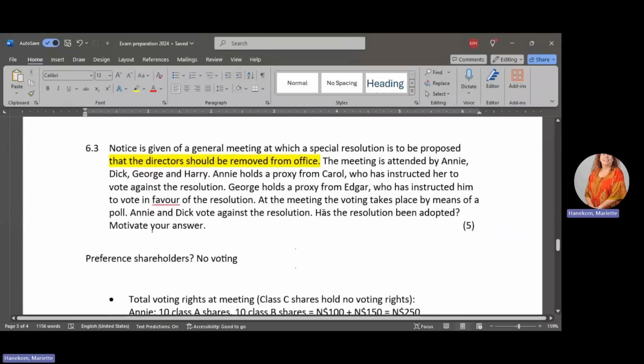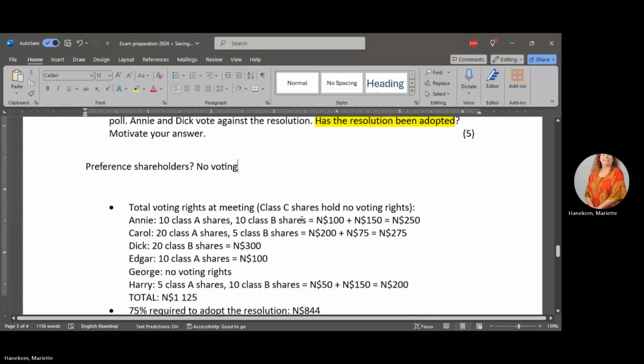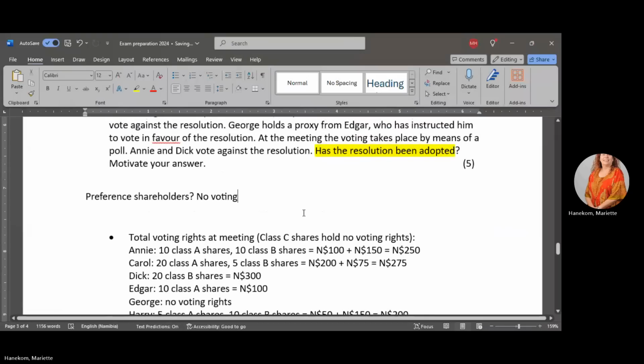Okay, so now you need to decide, has the resolution been adopted? When we did all the different requirements for general meetings, a meeting must be properly convened, properly constituted, and properly conducted.